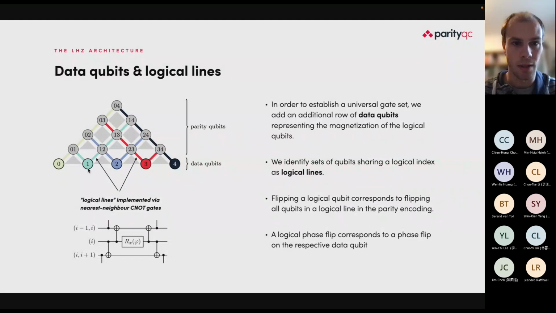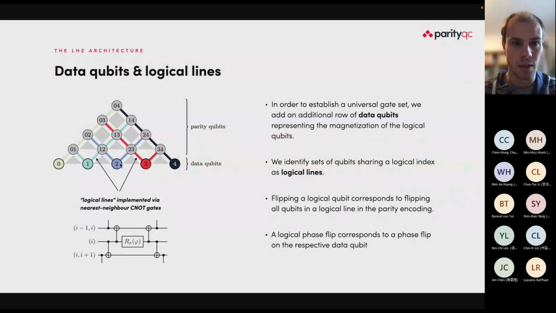And now if I don't want to do bit flips, but more general rotations around the x-axis, I can use this kind of gate circuit. So I can basically disentangle all these qubits by applying this chain of CNOT gates, then doing the rotation locally on the data qubits, and then entangle the qubits again.